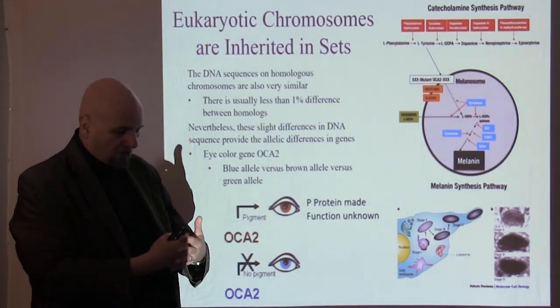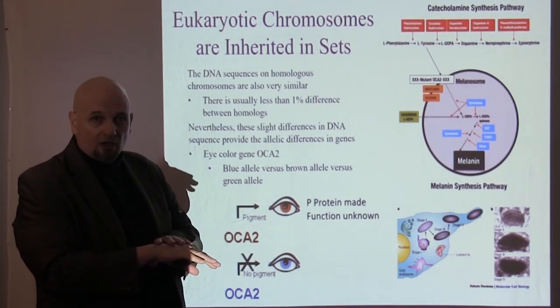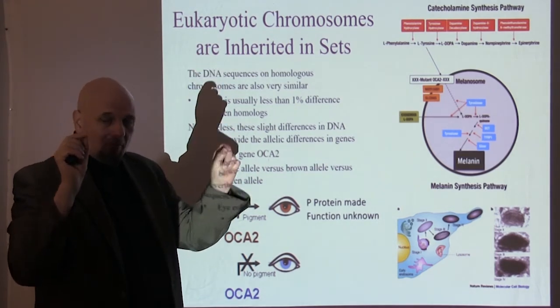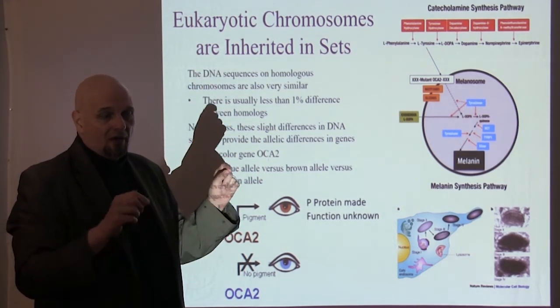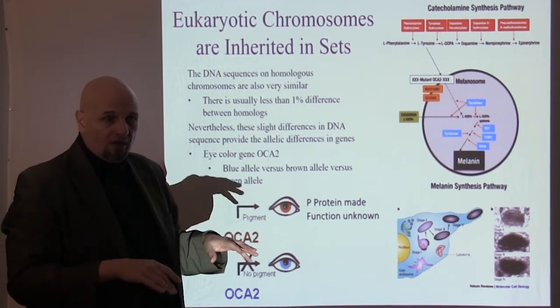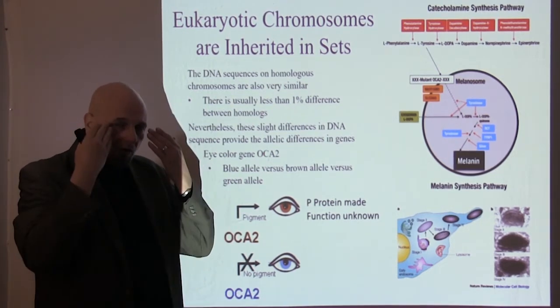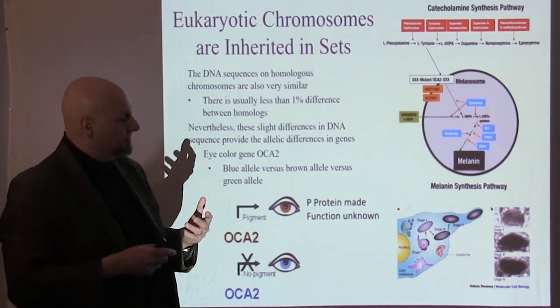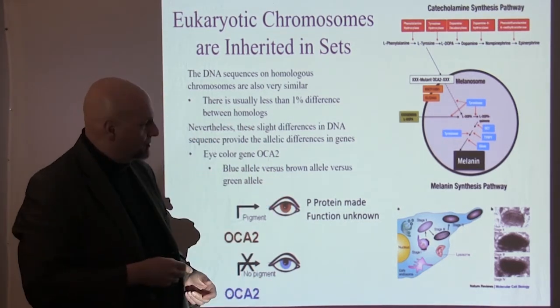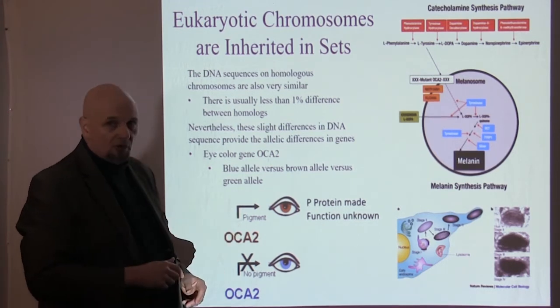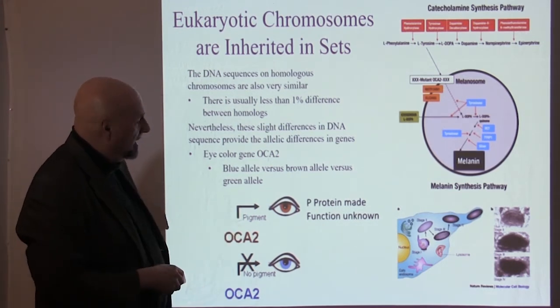For example, in our skin color, each one of the cells of our skin receives a certain amount of these packets. Now the skin will break them down at different rates, thus giving us a variation in skin tone or different eye color tones. So that's what happens with that particular structure. In this case, OCA2 is very much involved in the production of the P protein to bring about a brown colored eye.